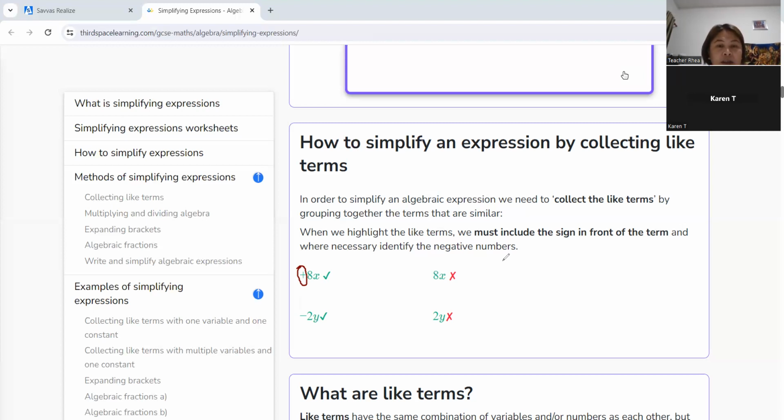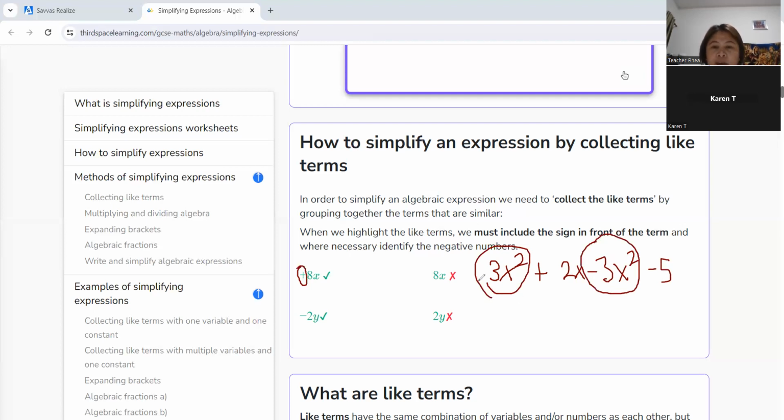So if, for example, the algebraic expression is 3x squared plus 2x minus 3x squared minus 5, you have to write the sign.